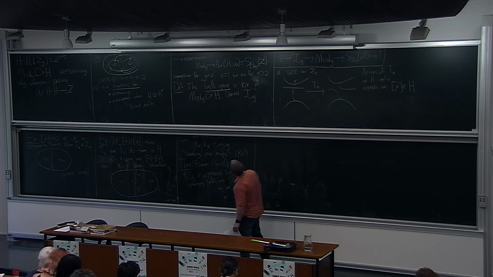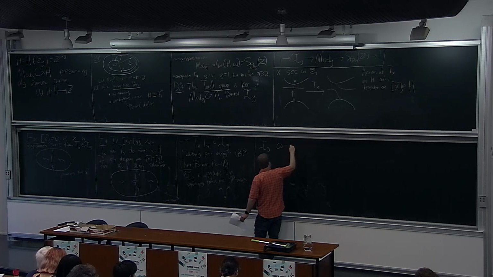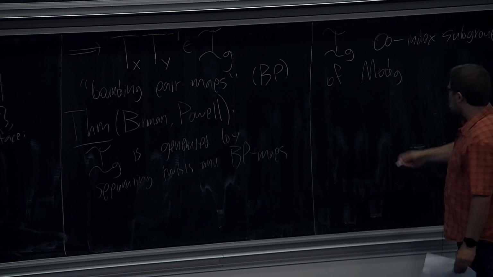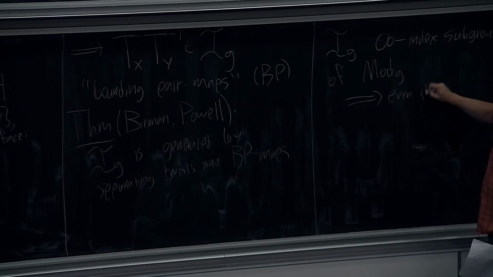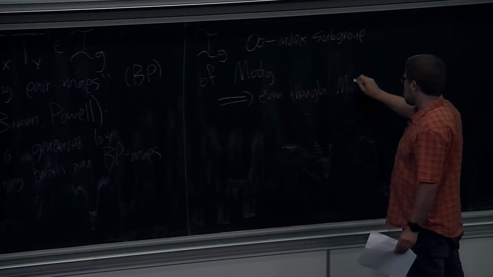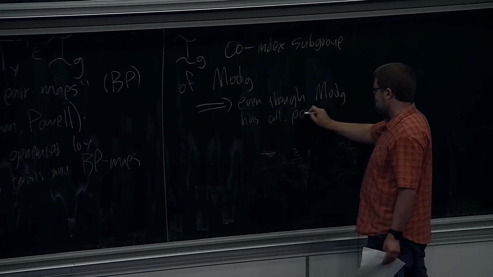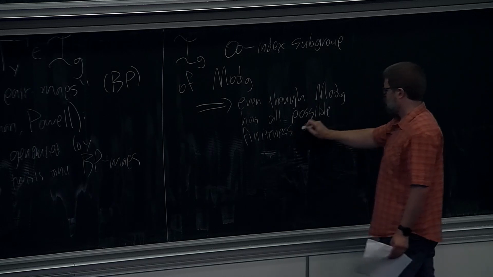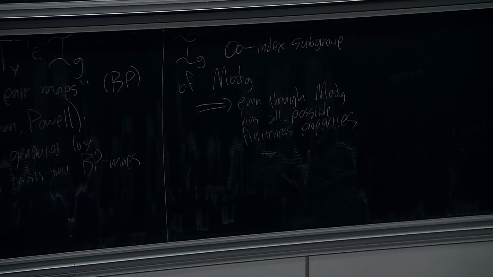And in fact, the Torelli group is an infinite index subgroup of the mapping class group. What this implies is that, even though Mod_g has all possible finiteness properties, so it's finitely presented, all of its homology groups are finite dimensional, and so on, right?